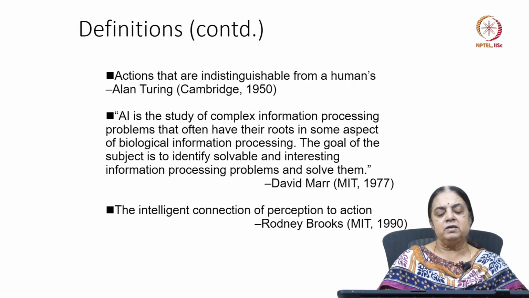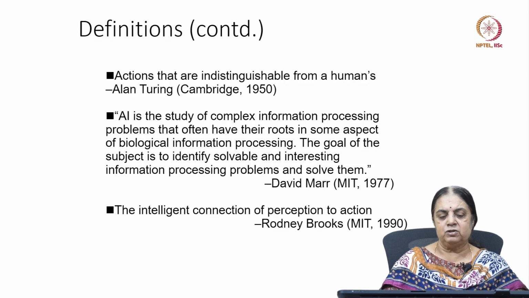The goal is to identify solvable and interesting information processing problems and solve them. This is David Marr from MIT. The intelligent connection of perception to action. In other words, the computer perceives something and then after perceiving something it needs to take an action. So how it comes to decide what action to take, that is where intelligence is involved.